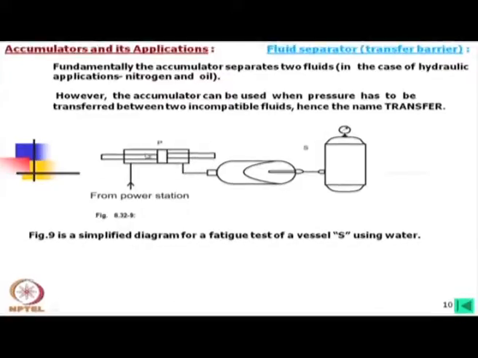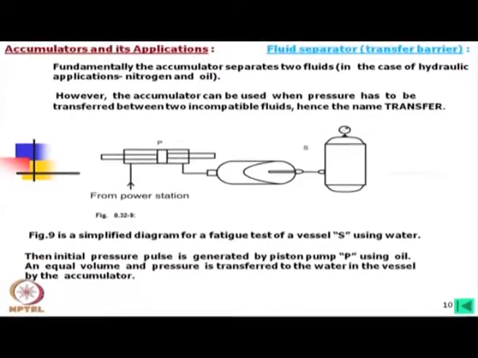So, we are creating pressure through this accumulator bladder, the water inside is being pressurized, and by oscillating this we are applying the fatigue load to this vessel. Okay. So, this is one application of this accumulator, which is called transfer.